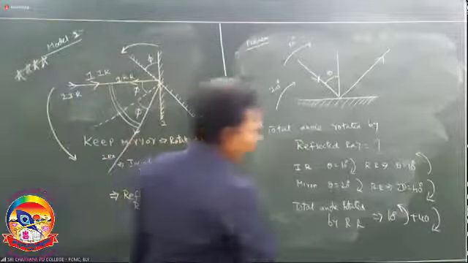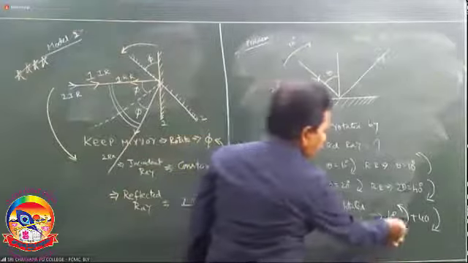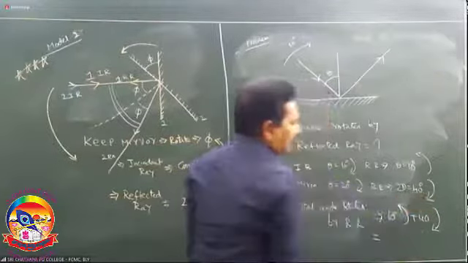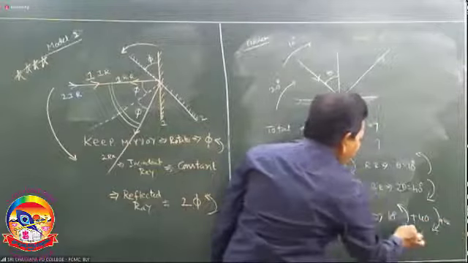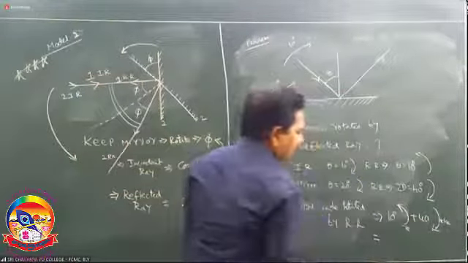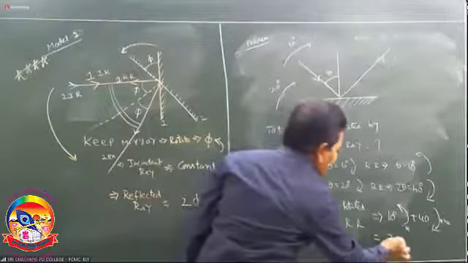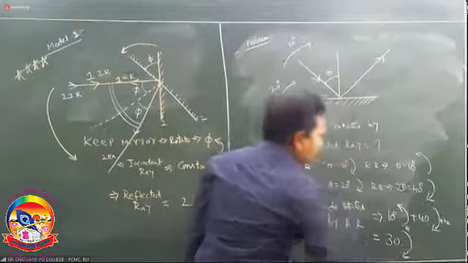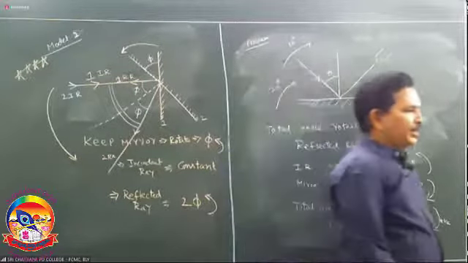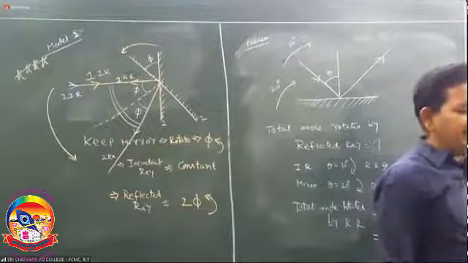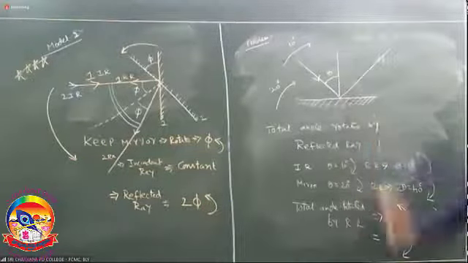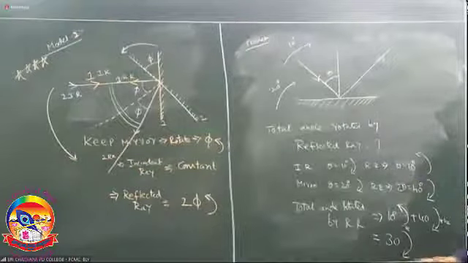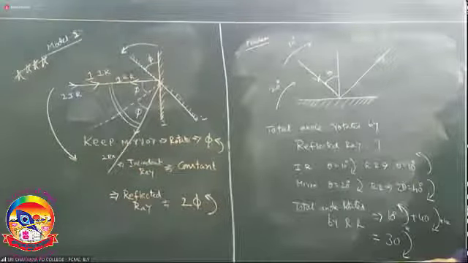For the total, one is plus, another one is minus. I will take this one plus, this one minus. 40 minus 10, that is equal to 30 degrees clockwise. The total angle rotated by the reflected ray in this problem is 30 degrees clockwise.